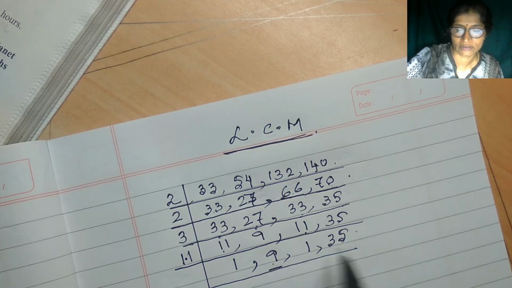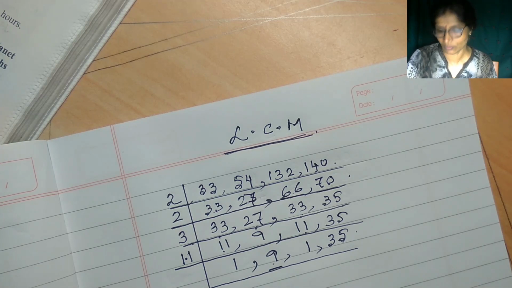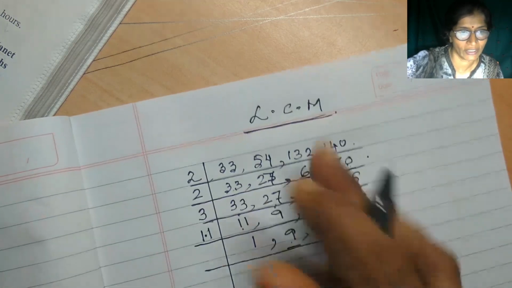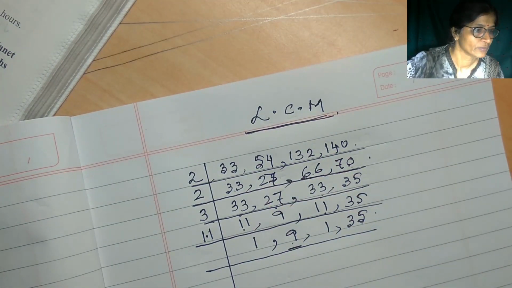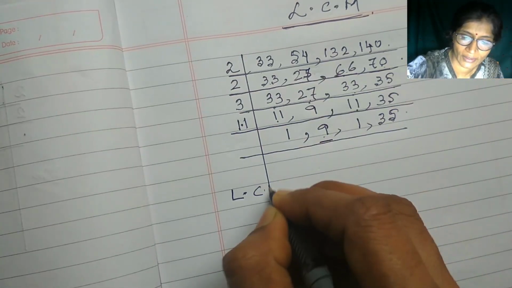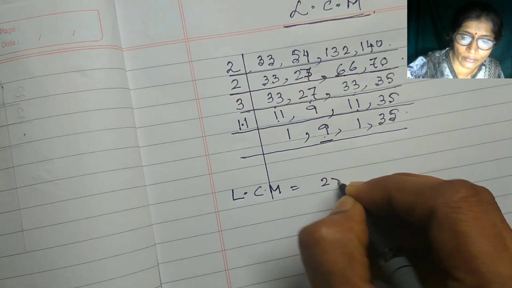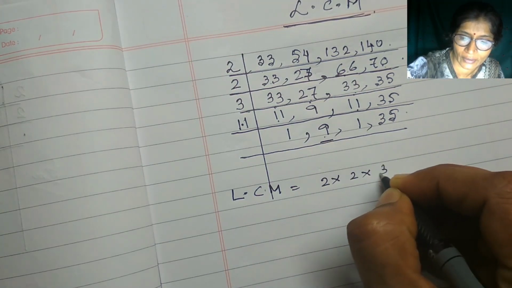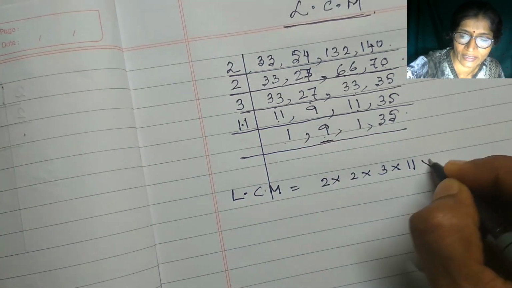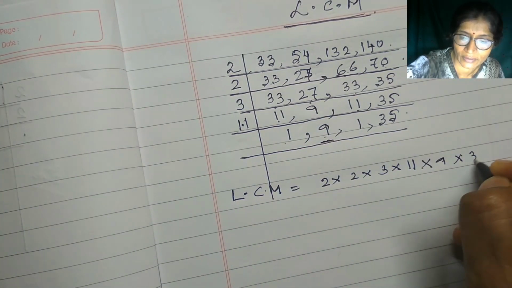So both do not have a common factor. So I will stop here only. After that I will not do anything more. So here you will write the LCM. LCM is equal to 2 into 2 into 3 into 11, and other than 1, whatever is written I will write, 9 into 35.